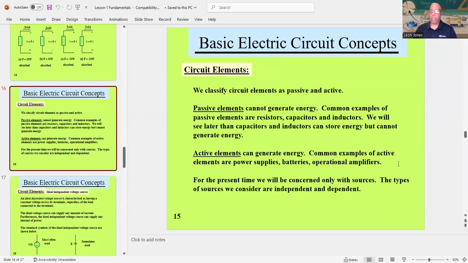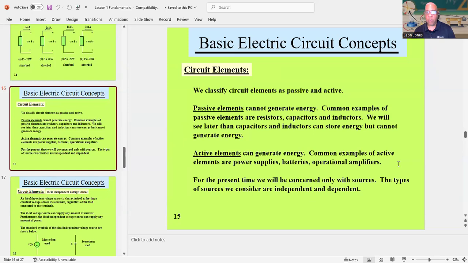Now, when we deal with electricity, we also have circuit elements. So basically, we classify circuit elements as either active or passive. A passive element cannot generate energy. Again, passive elements cannot generate energy. Common examples of passive elements are resistors, capacitors, and inductors.